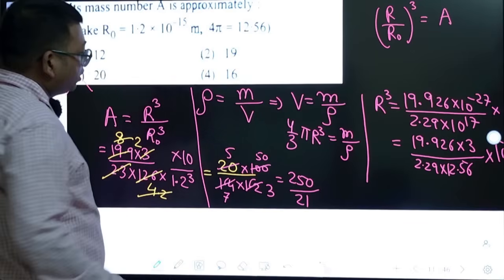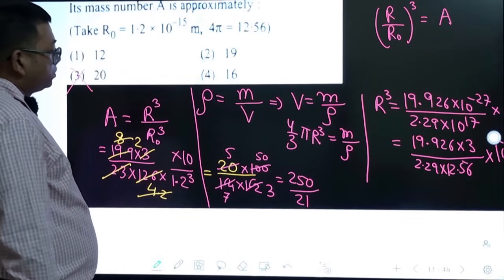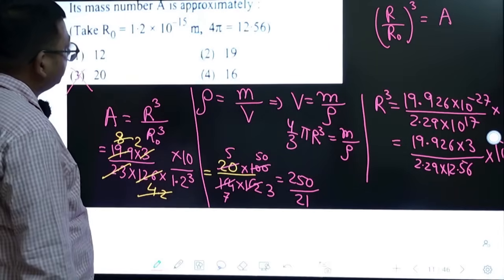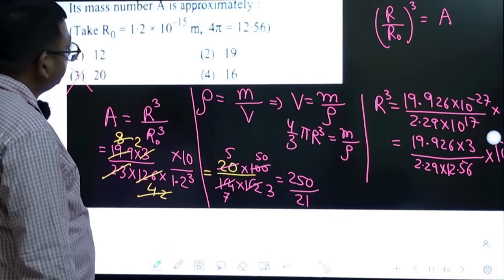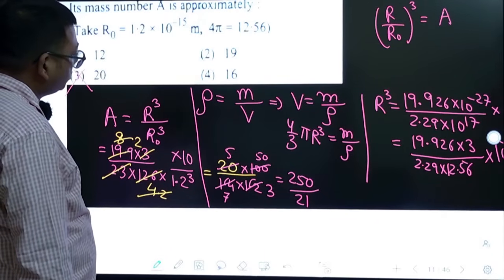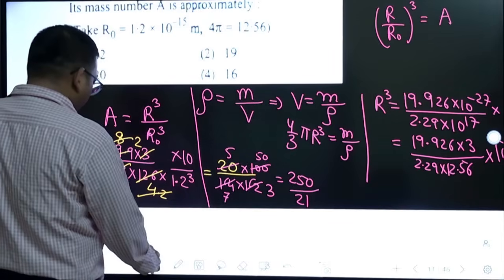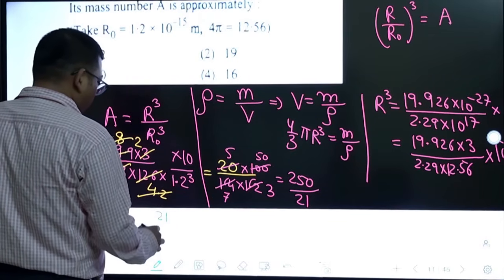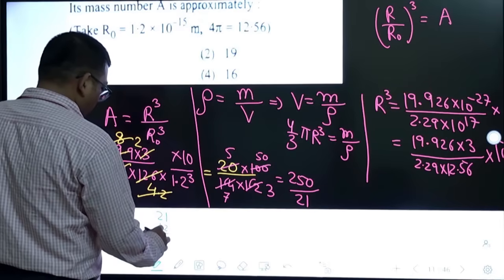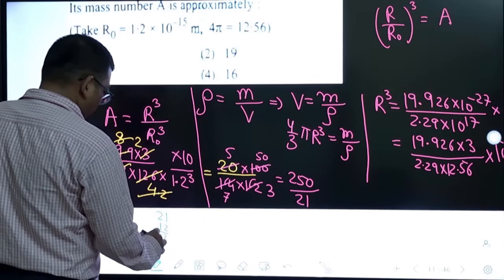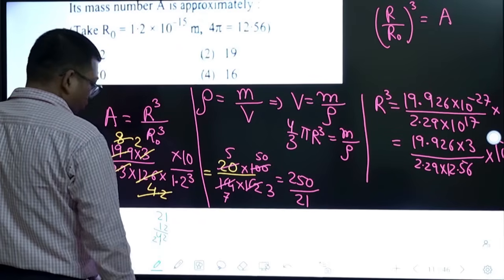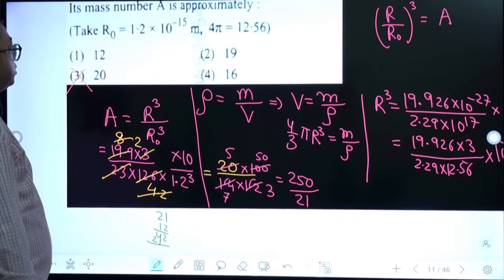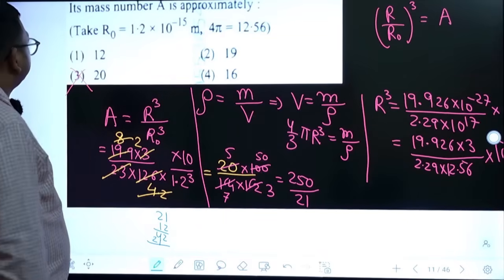So 21, if you take 10 times, so definitely more than 10. Will it become 12? Check rough calculation. This is purely a rough calculation. 21 into 12 if you take, so it is 42 and 21. So it is coming near to that 252. Might be possible. 12 can come out as answer.